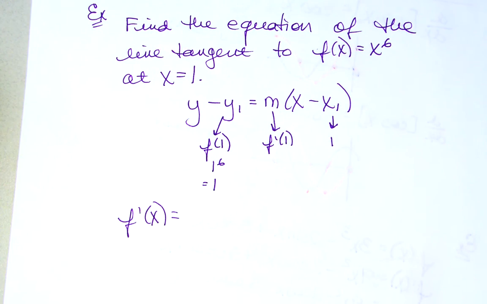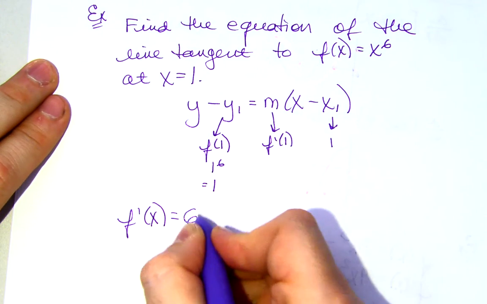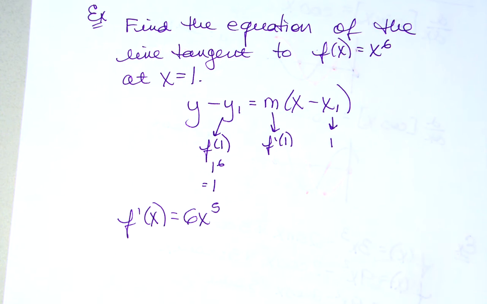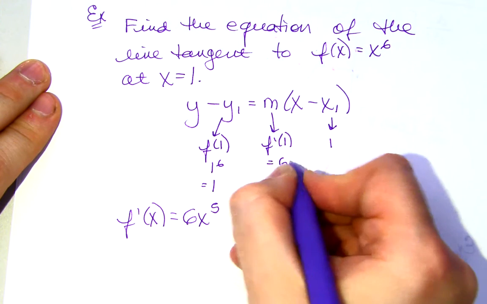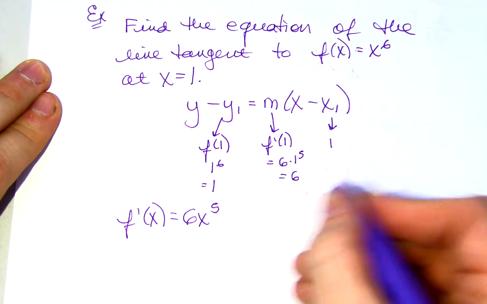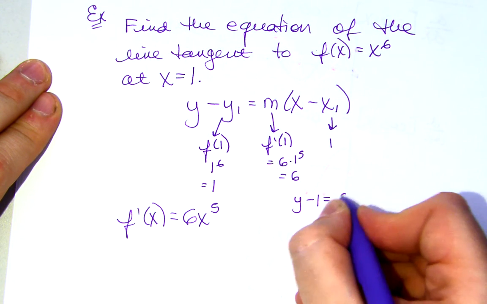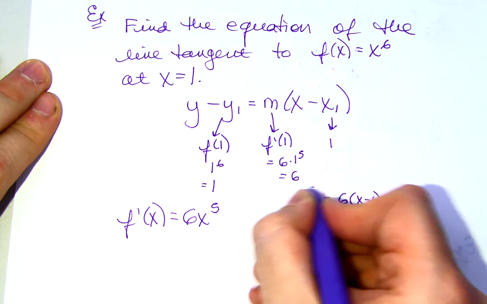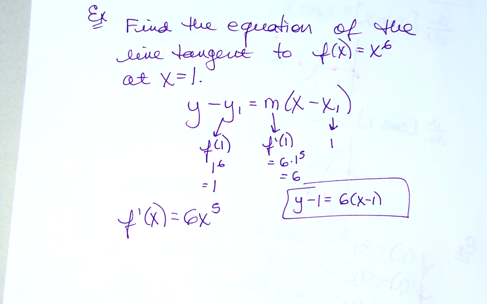What's f prime of x going to be? 6x to the 5th. Go find f prime of 1, which should take you like no time at all. 6 times 1 to the 5th. It's 6. What's the tangent line? y minus 1 equals 6 times x minus 1. Everything we did before with tangent lines still applies. But to find the slope, to find the derivative, let's just use the shortcut rules.